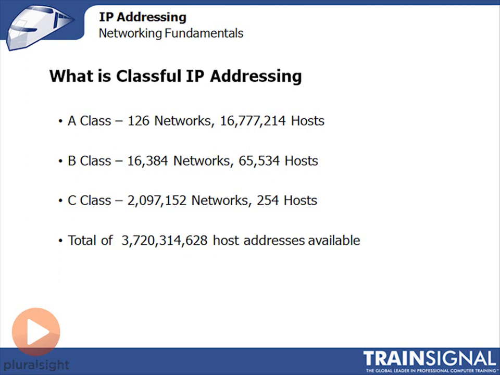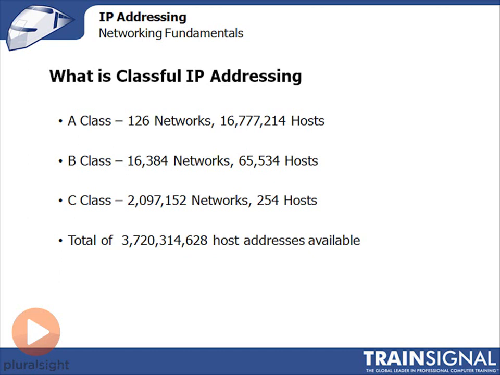So you end up, if you do the math, being able to have 16,384 B class networks out there, and each of those networks has 65,534 hosts. Again, taking the last two octets, 256 times 256 minus 2, it's always minus 2, you get the 65,000 hosts.